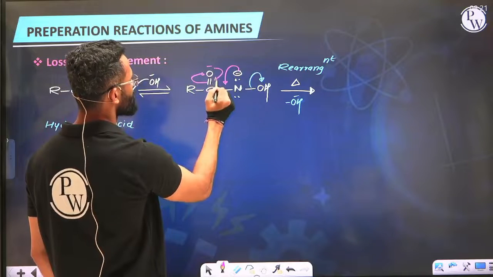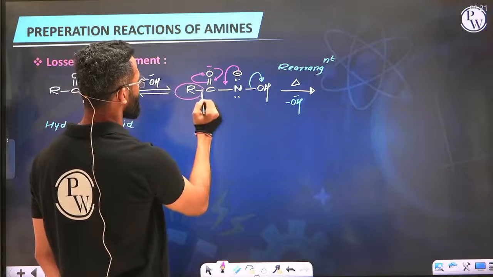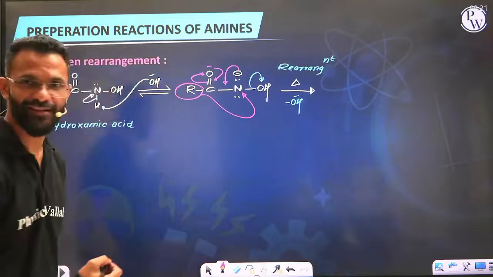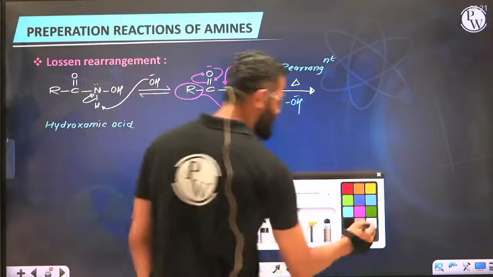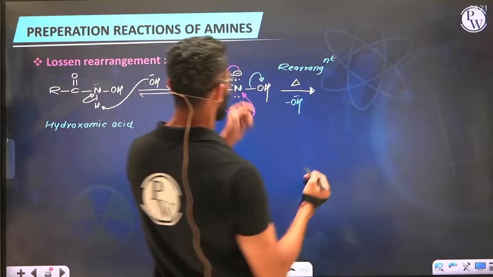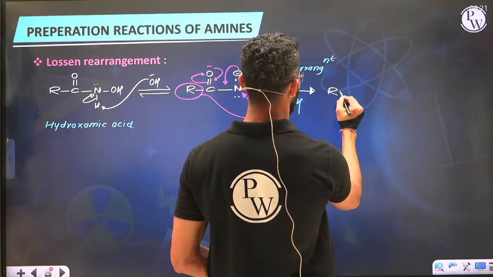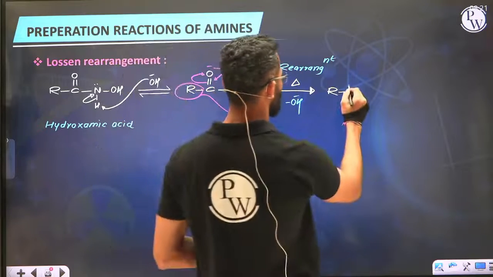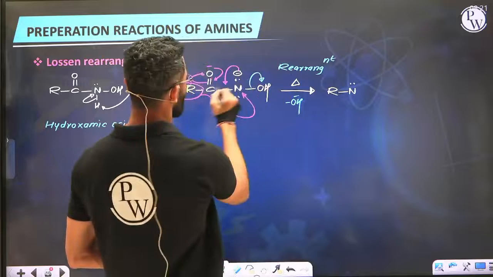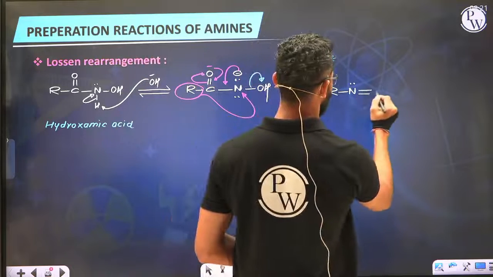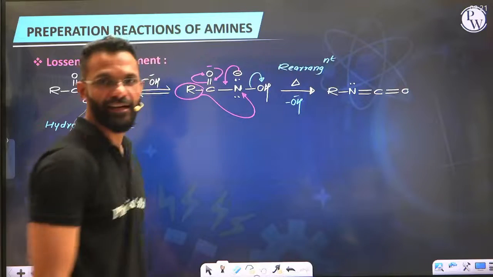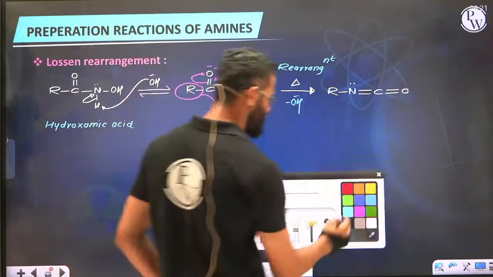That will delocalize back to restore the pi bond. The whole alkyl leaves as R minus, attacks at the deficient nitrogen atom. So this entire rearrangement produces the same product, R attached at N. This N has one lone pair intact, the other delocalized to form double bond with C, double bond O. So that is again alkyl isocyanate.